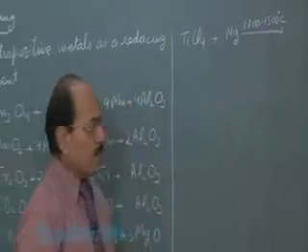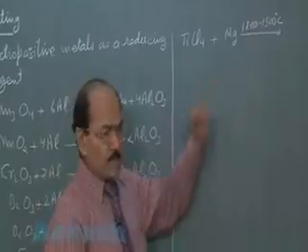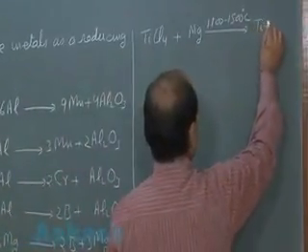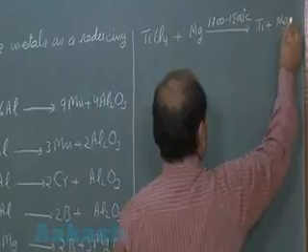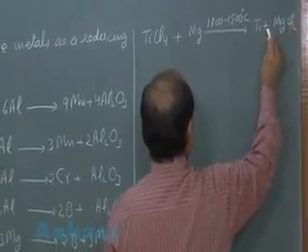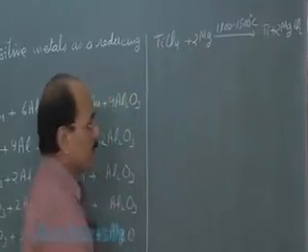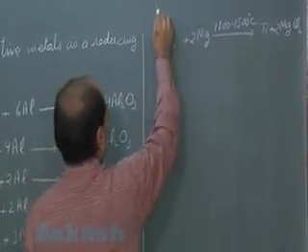When titanium tetrachloride is heated in presence of magnesium, this process is known as Kroll process.